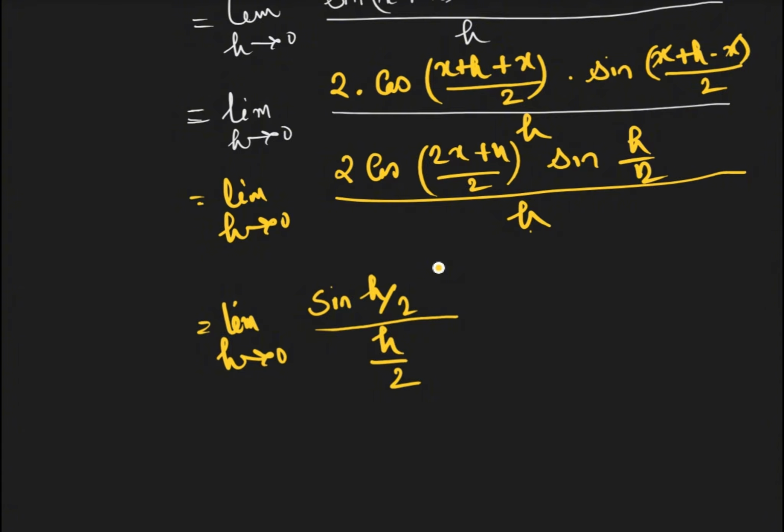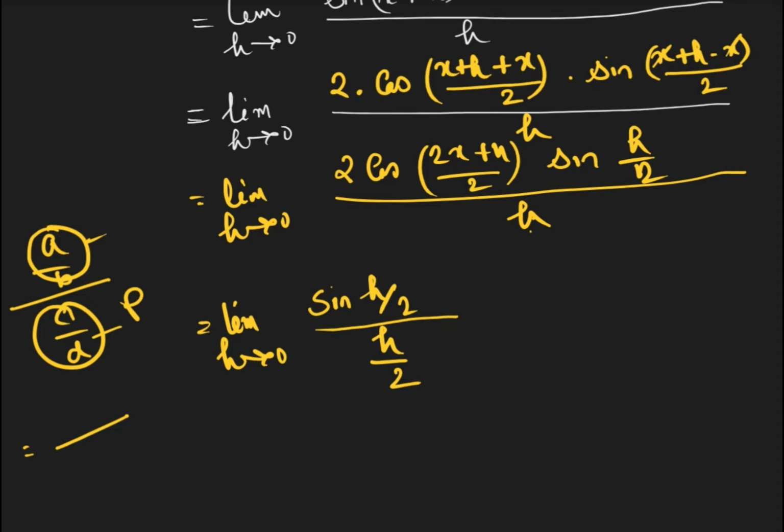Which formula? We know a by b over c by d. Here c by d means h and here ab means 2. So we could write down in the following line that, so this is, let's say, p and this is q.